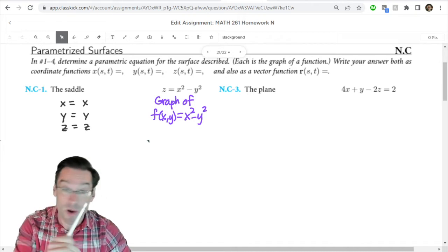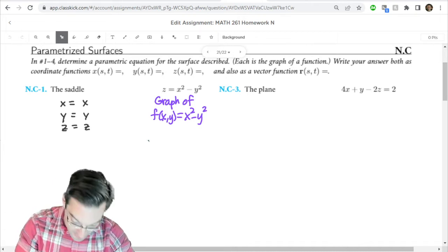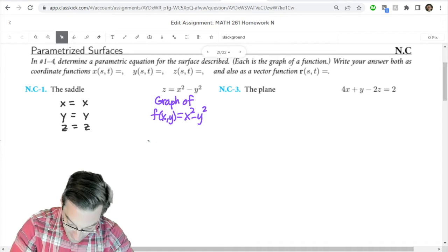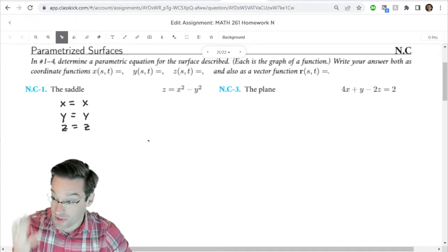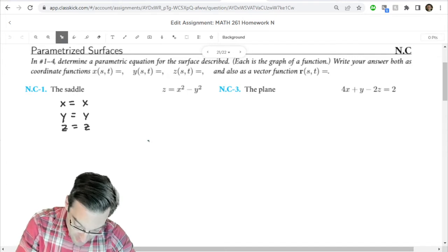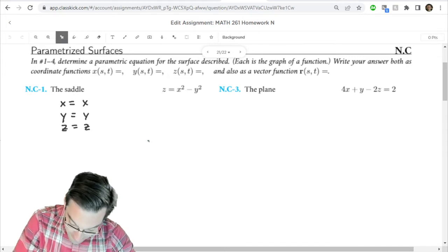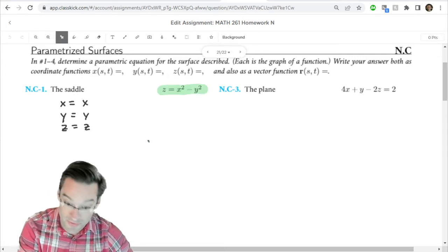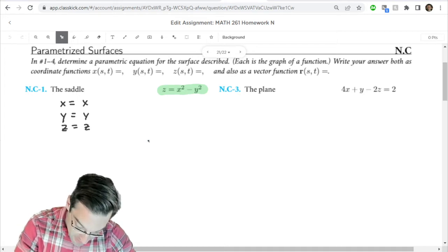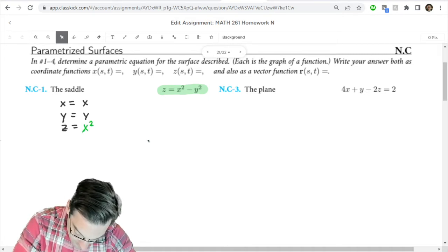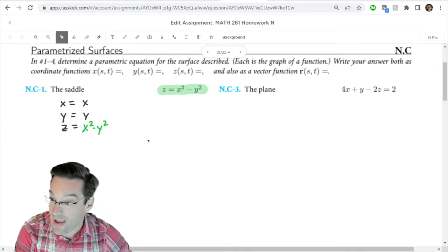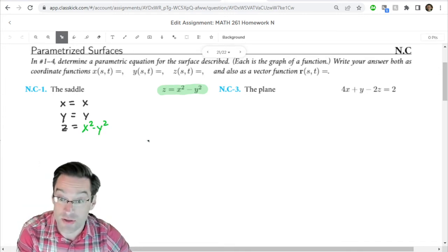I'll just ask, well, what relationship can I find among the variables x, y, and z that can eliminate one of those variables from this description? And the relationship is exactly this one, right? The relationship which is defined by the equation of this surface. So if I replace z by x squared minus y squared, then what I have is already a parameterization of this surface.